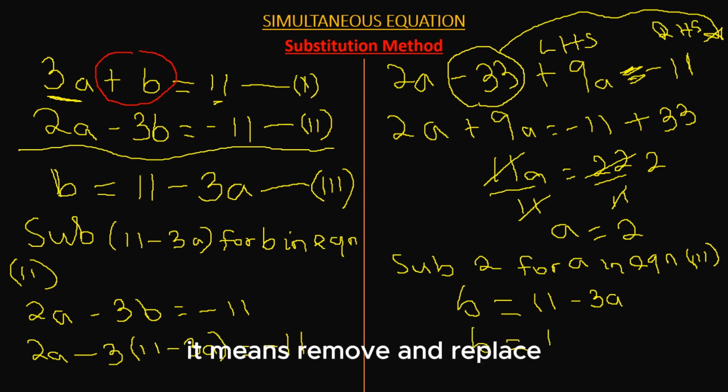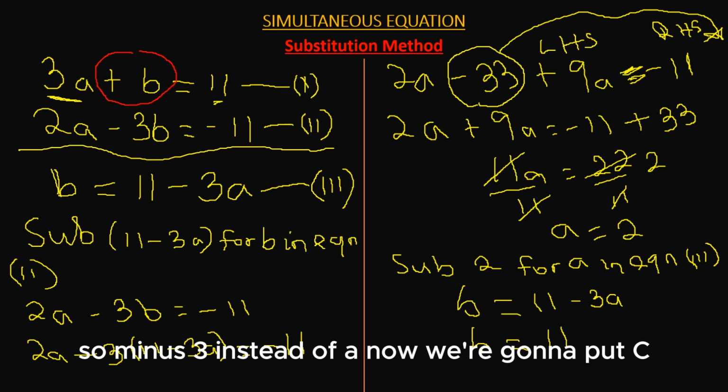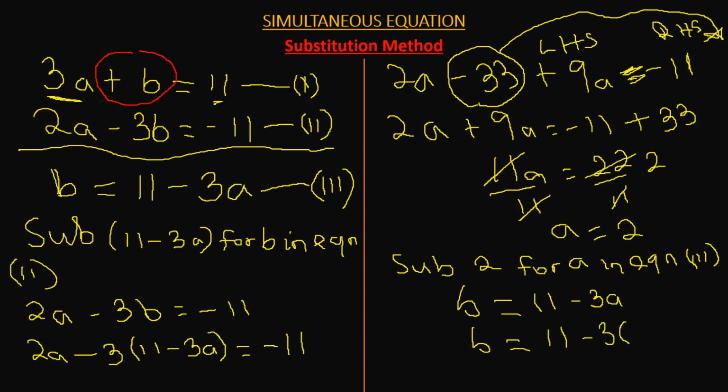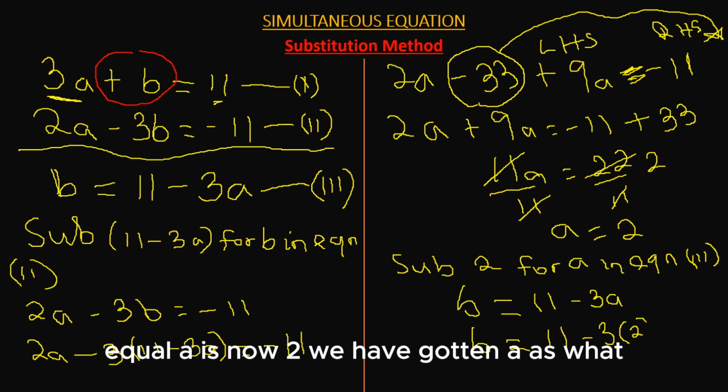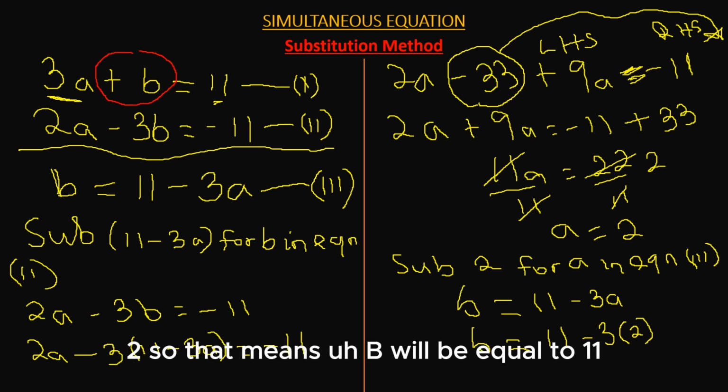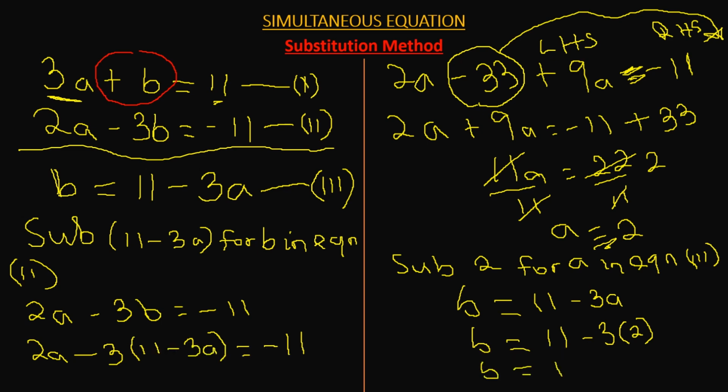It means remove and replace. So minus 3, instead of a now, we're going to put 2. Because a is now 2. We have gotten a as 2. So that means our b will be equal to 11 take away 6. And that will give us b equals 5.